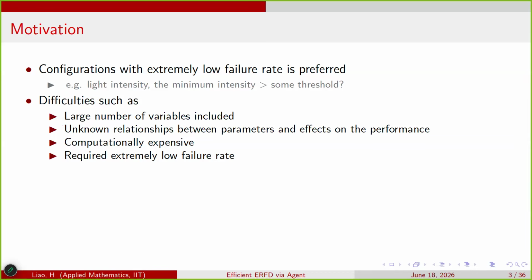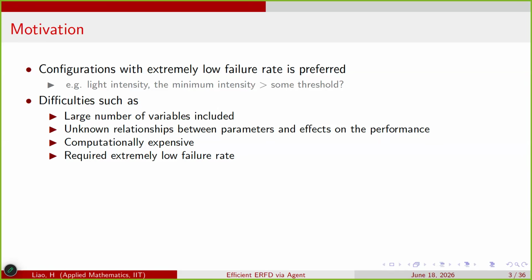So the difficulties mainly come from the large number of variables or attributes we are considering. Also, we don't really know the relationship between the parameters and their effect on the performance we are interested in. And it can be very computationally expensive if you're trying to design a circuit or chips.